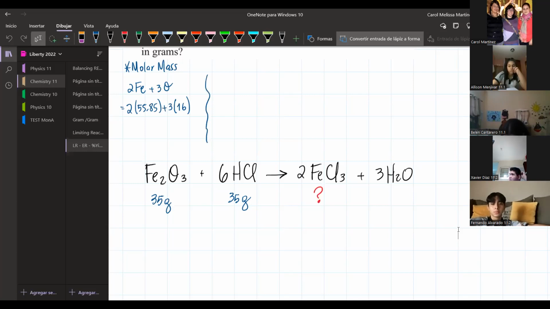How much is this? 159.7 grams of iron 3 oxide over 1 mole of the same substance. So I have my first molar mass.